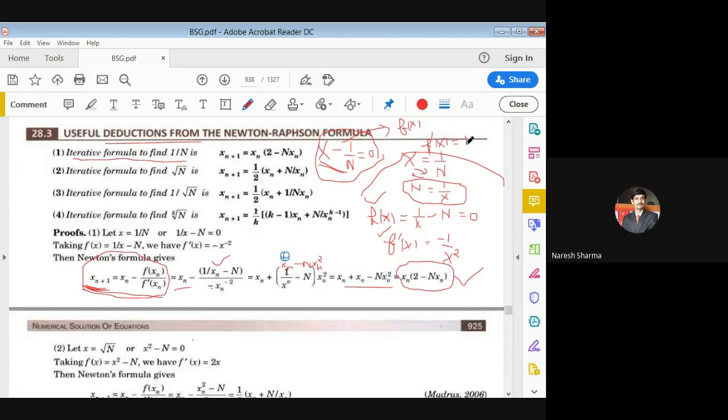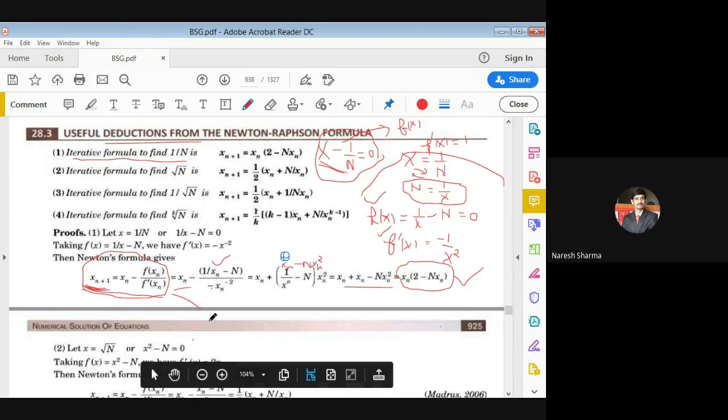And if now we put this in the formula, what do you get? x n plus 1 equals x n minus, f of x is x n minus 1 by n, divided by the derivative, which is equal to 1 also.